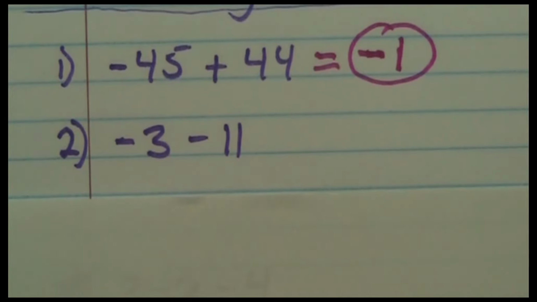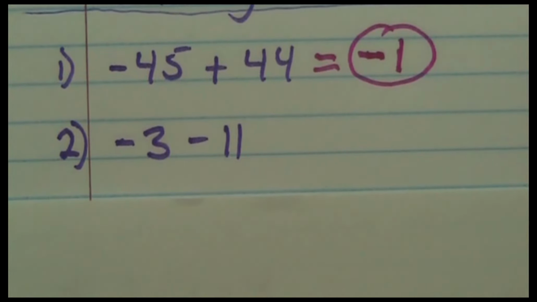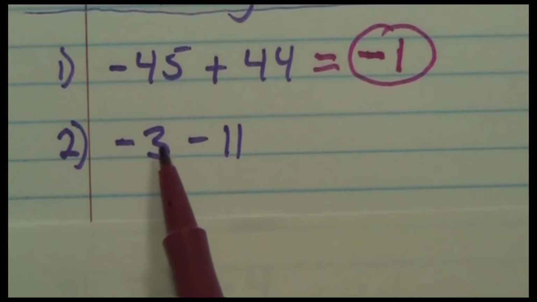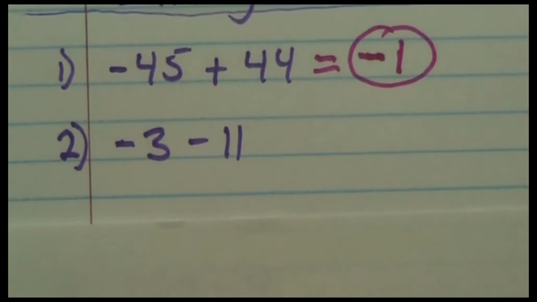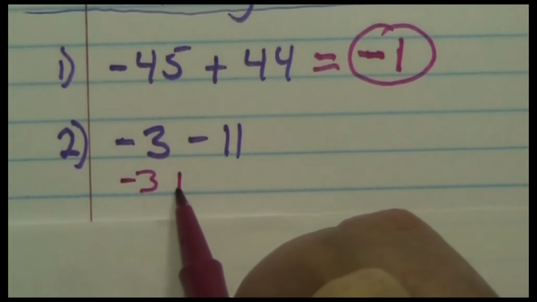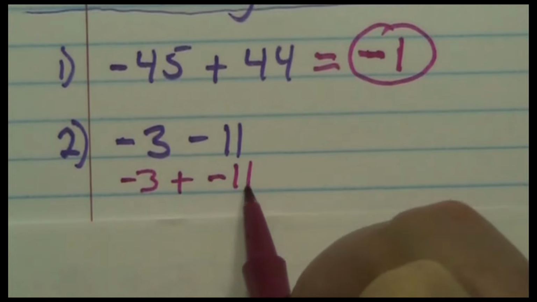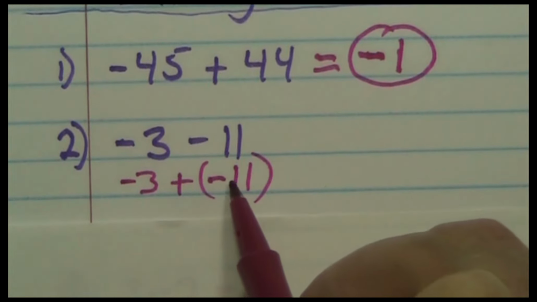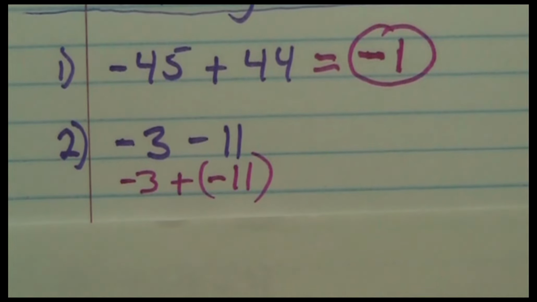Here's our second problem. Now, I could rewrite this. This is negative 3 minus 11. But you know what? This is also negative 3 and negative 11. Because if I take away 11, that's the same thing as adding 11 negatives.